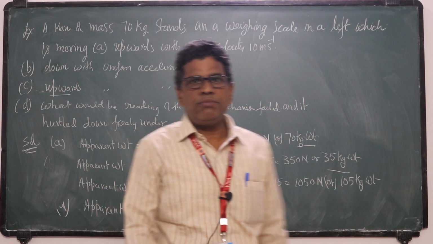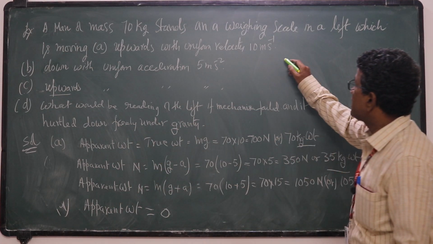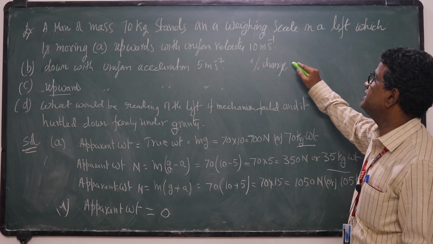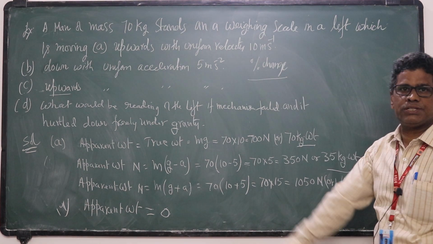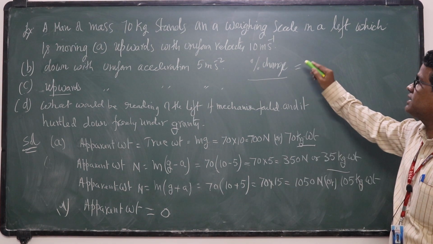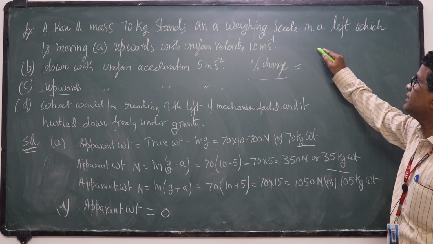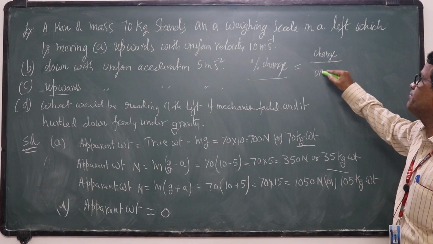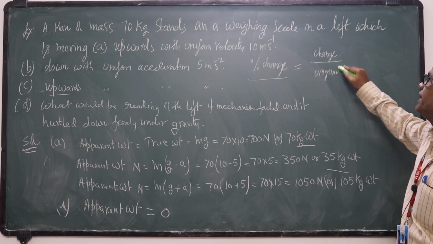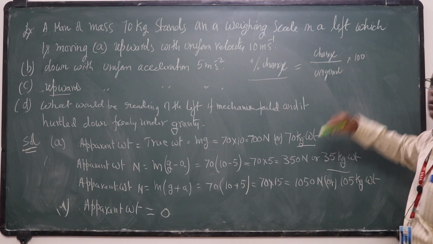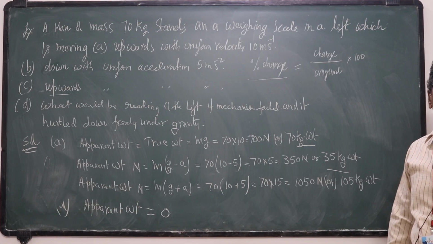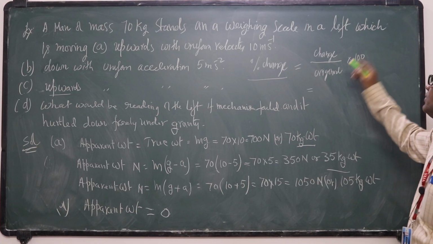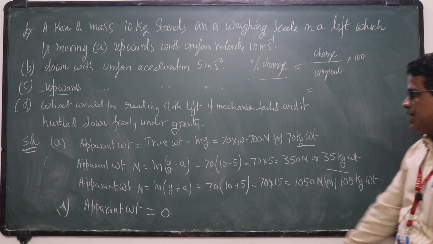So in the same problem, suppose you want the percentage change, how do you calculate? Change by original weight, true weight, into 100. So you will get the percentage change. What is the change here?